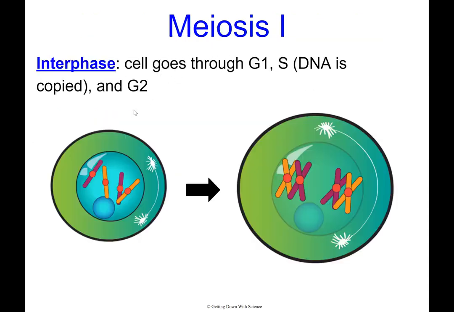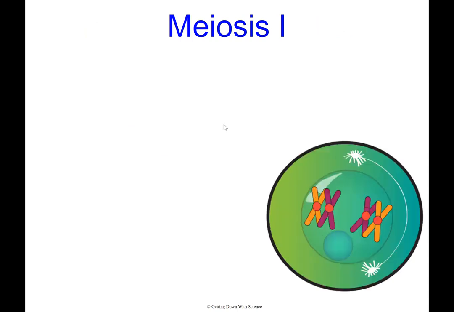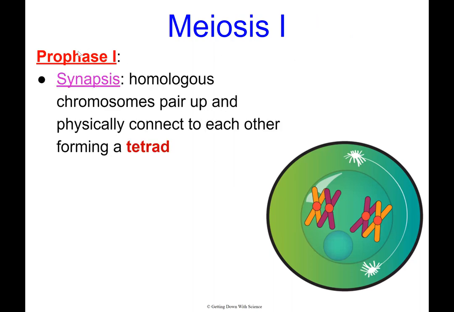Okay. So we start off with interphase. Interphase is the same whether it's mitosis or meiosis. The cell goes through growth 1, synthesis, where the DNA is copied, and growth 2. Everything's ready to go. Then we move into meiosis 1, prophase 1.